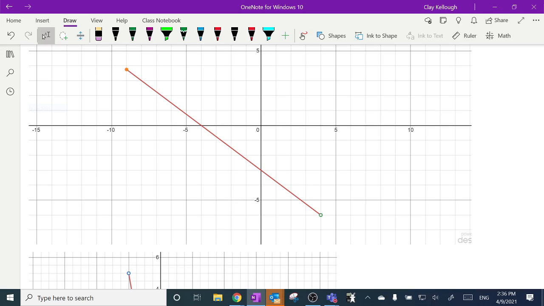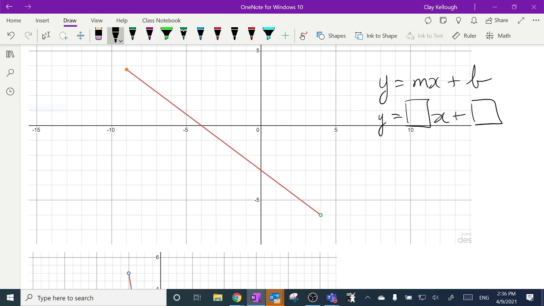So I know that the equation, because it's linear, looks like this. So basically I have to fill in these two blanks. What's the b blank? Looks like it's -3. So y equals something x minus 3. What goes in this blank?